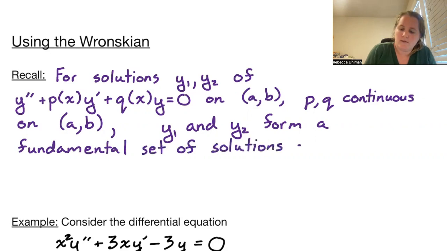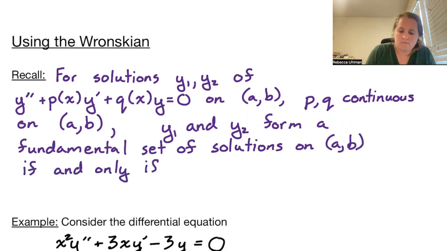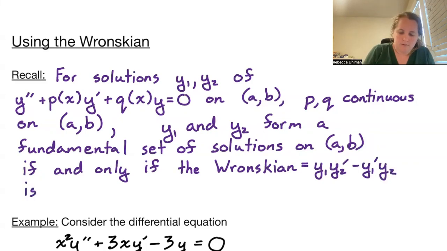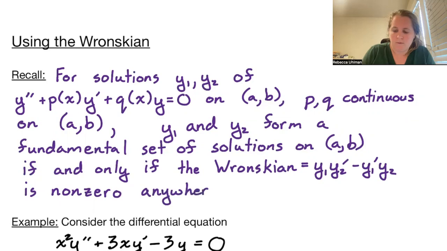on AB, if and only if the Wronskian, which was y1 times y2 prime minus y1 prime times y2, is non-zero anywhere on AB.